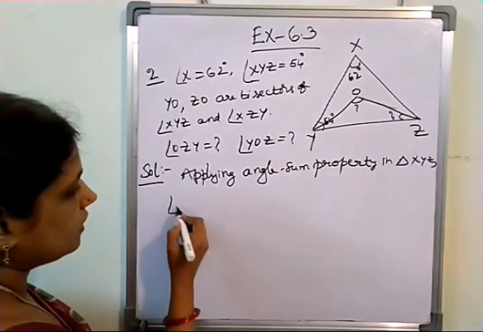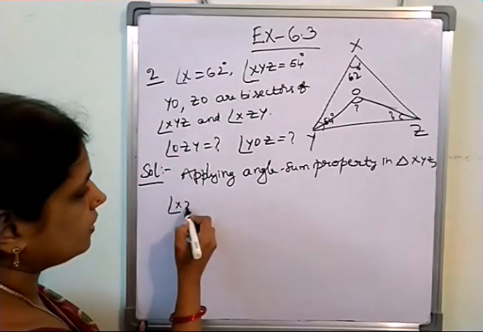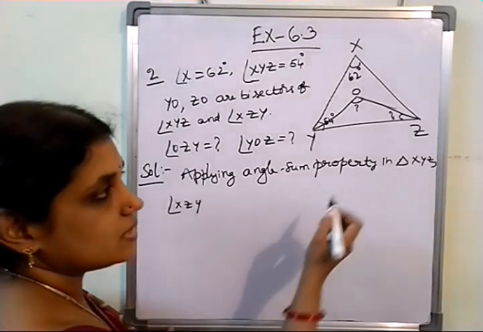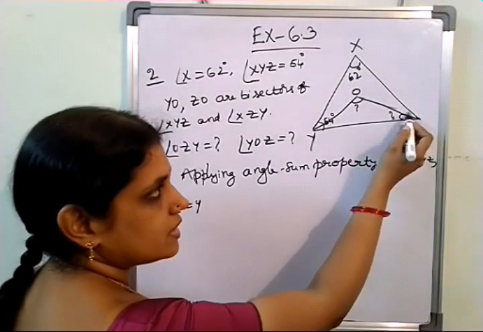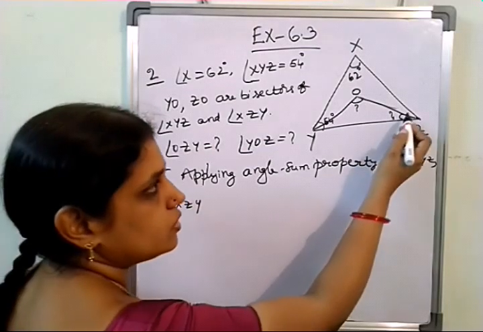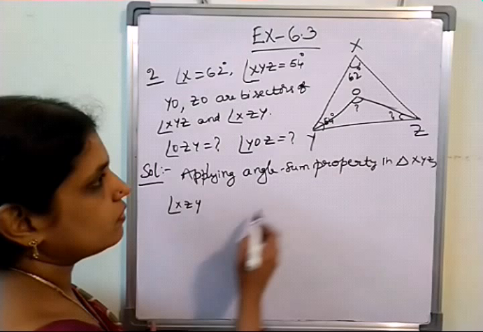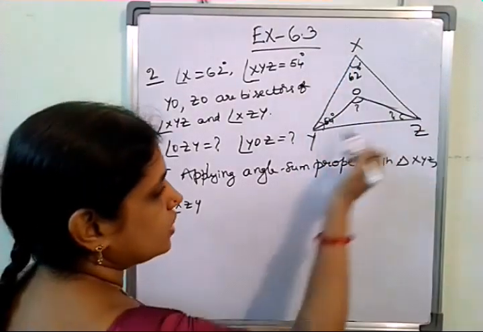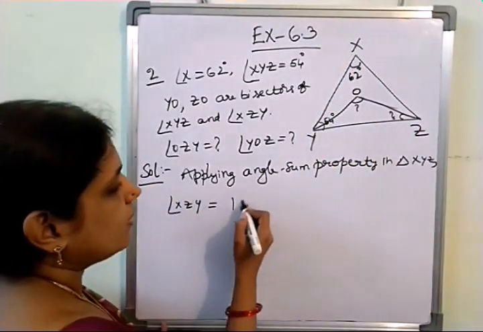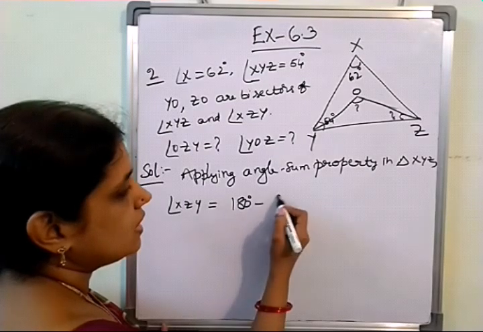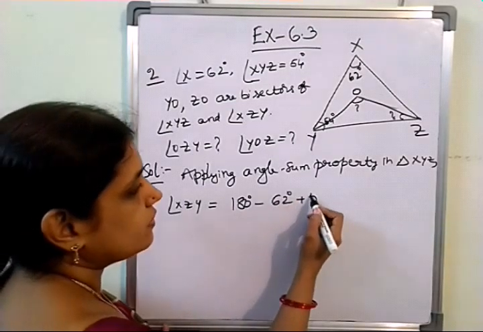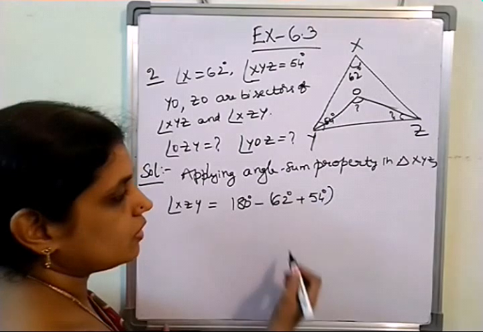So what you can find? Angle XZY. Better you write the full form only, since at one vertex here many angles are formed. Okay, 1, 2 and the total angle, the 3 angles are formed. So better you write the full form. So angle XZY equal to 180 degrees minus 62 plus 54. How it is? I think all of you understood.